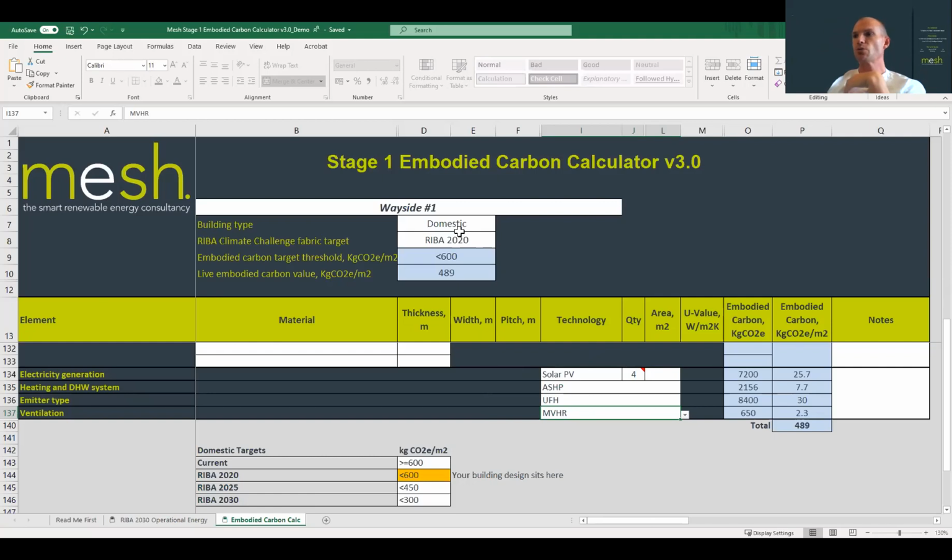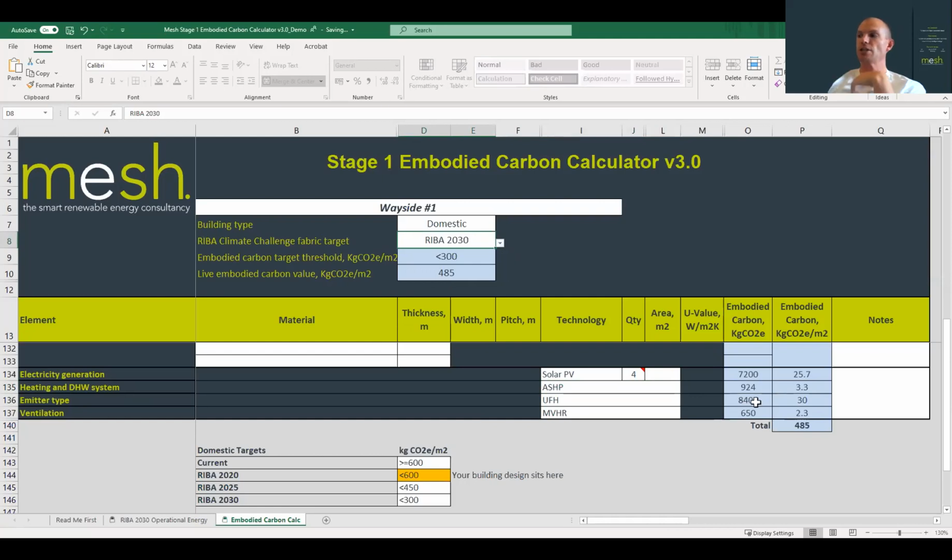But if I show you this, we've got RIBA 2020 at the moment for whatever size building, and you can see that the air source heat pump has a certain embodied carbon value here, 2156. And if I change to a more stringent RIBA target, you'll see 2156 change to 1540, so that's come down. If we change to RIBA 2030, it's fallen again to 924.